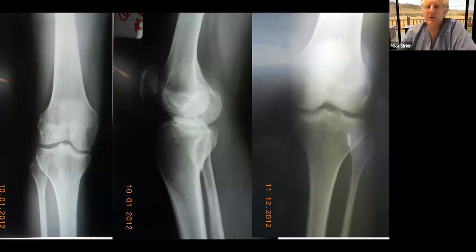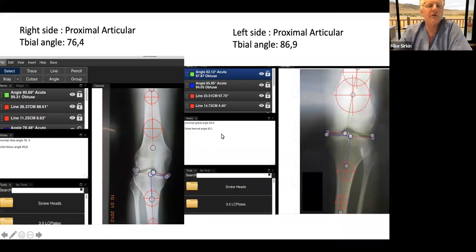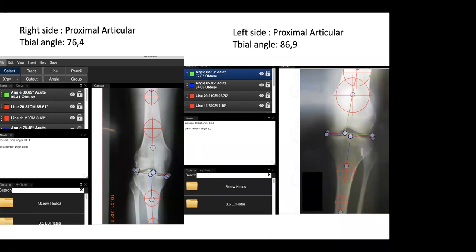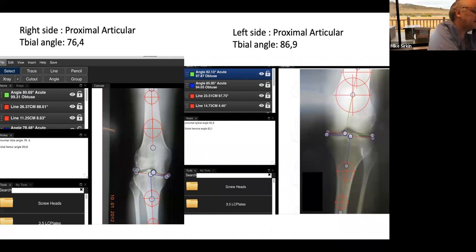So let me take you to the next slide that we have here. And so this is being done through Bone Setter, measuring the appropriate angles on the right side as well as the left side. I'll let you take a quick look, and then one of our faculty can make some comments about the measuring.